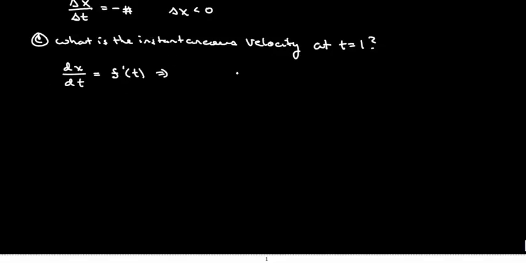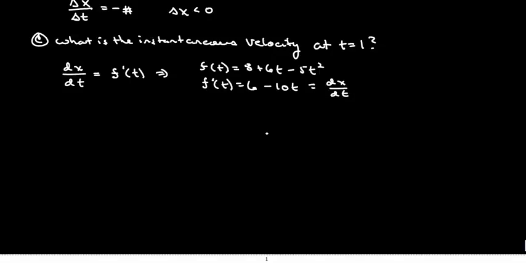The general instantaneous velocity: our original function, if you remember, is f of t equal to 8 plus 6t minus 5t squared. So f prime of t is going to be equal to 6 minus 10t. And remember, this is dx dt because this thing is equal to x.